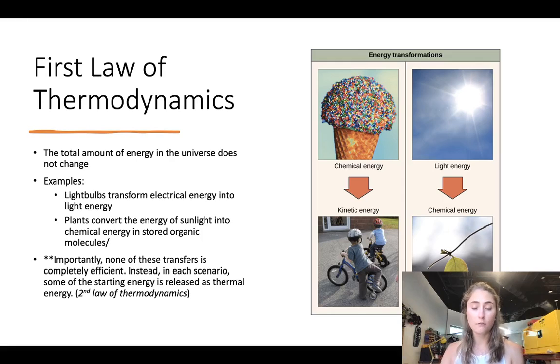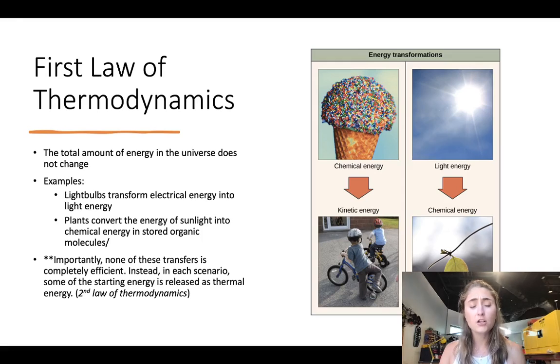If they're walking, riding a bike, hunting, whatever it is, that energy then moves to something else. And that's what the first law basically says, that we're not creating any new energy, it's just constantly moving to different sources.